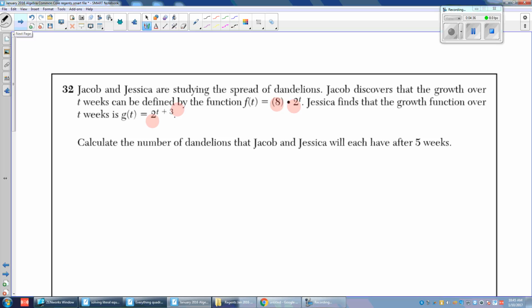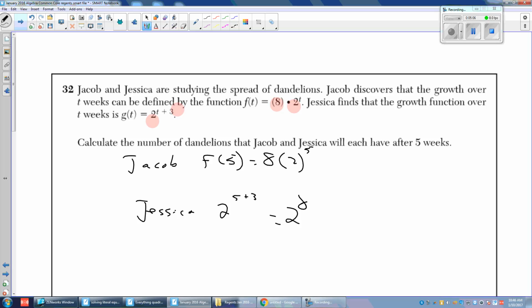So we have Jacob is the formula f of 5 equaling 8 times 2 to the 5th, and Jessica is 2 to the 5 plus 3. That's 2 to the 8th.